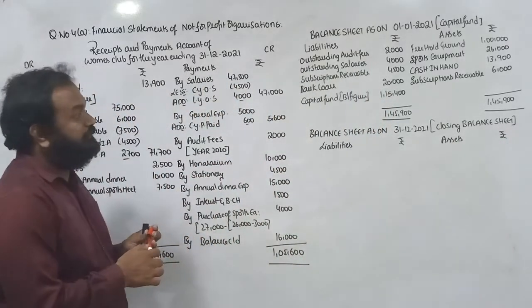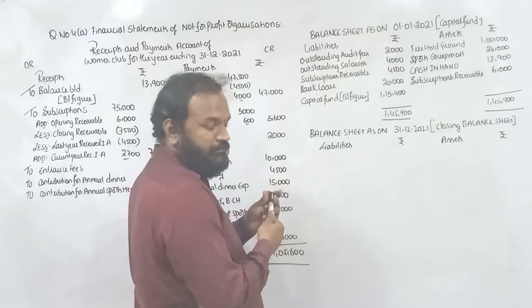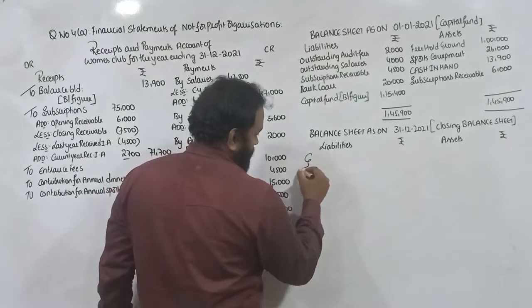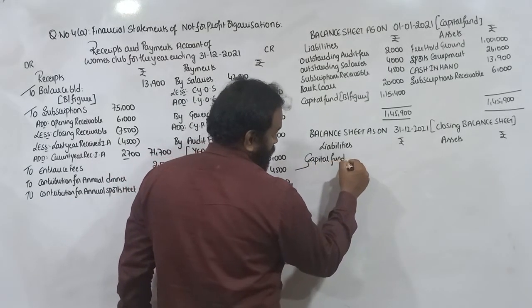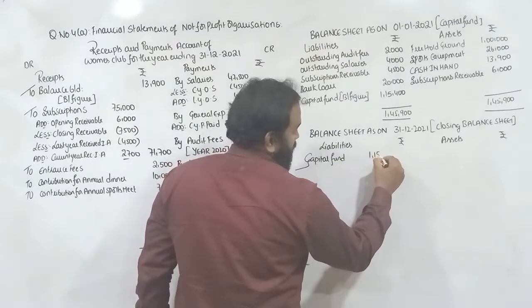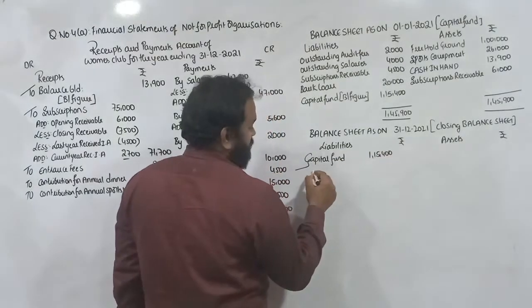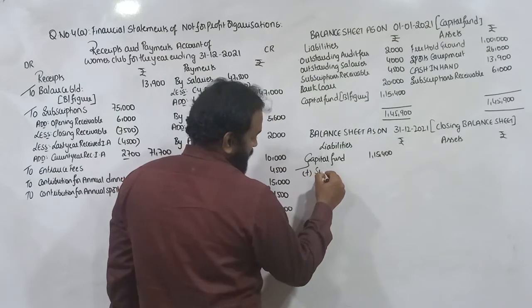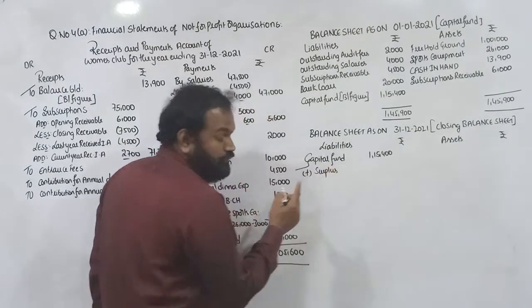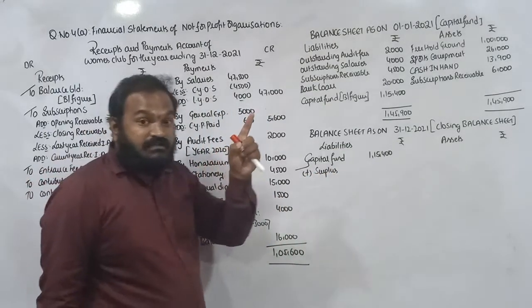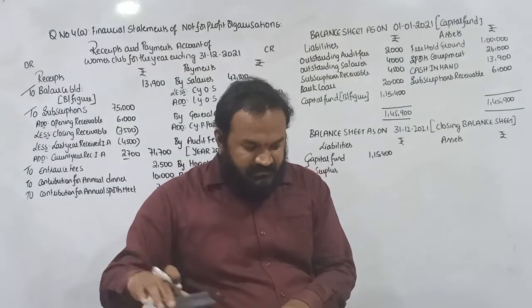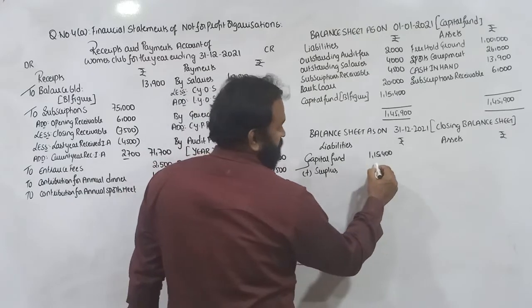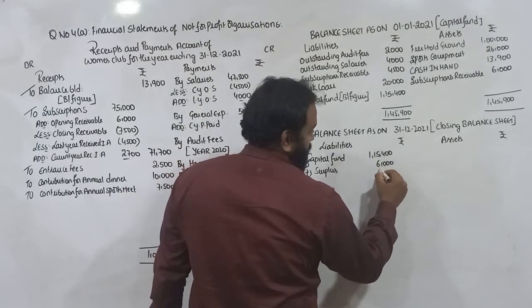See, what is the amount of capital fund? 115,400. Add surplus. Don't see the receipts and payments account. See the income and expenditure account given in the question. What is the surplus? 6,000 they had given, no? 6,000.